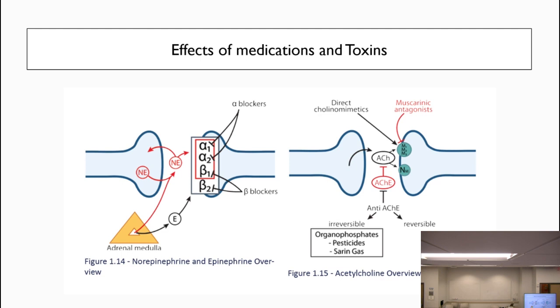Acetylcholine will bind to different receptors, okay, nicotinic, muscarinic receptors. And we can use muscarinic agonists to directly increase the actions of this parasympathetic nervous system, or blockers, okay, to block the actions. So antagonists or direct agonists. And then we also can work on the activity of the acetylcholinesterase.